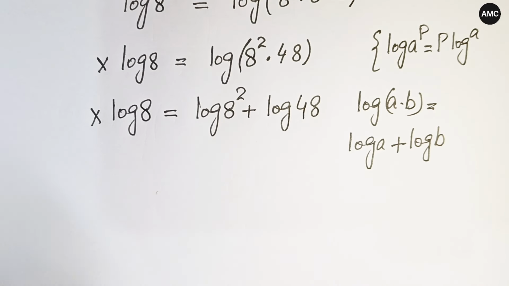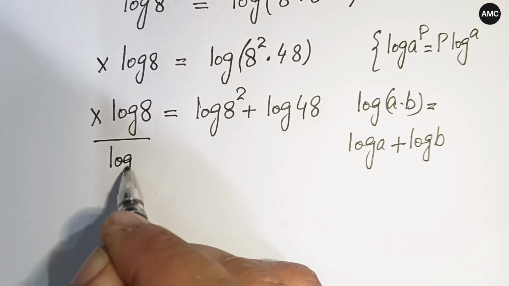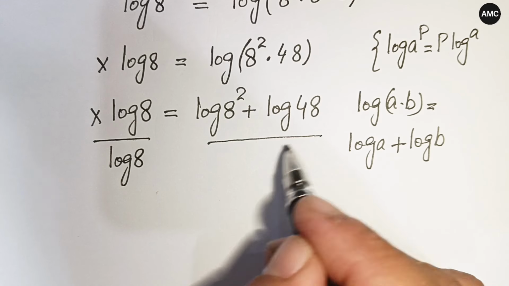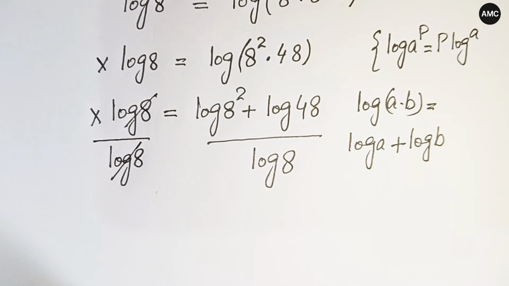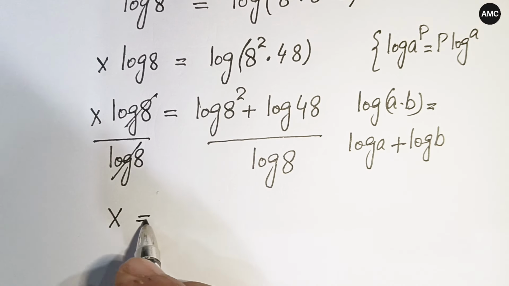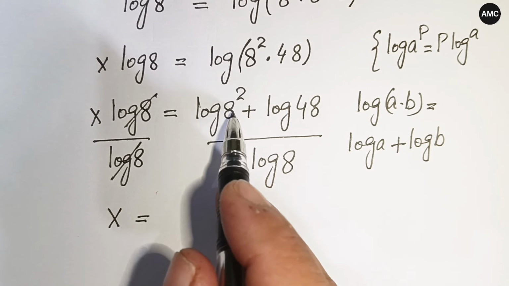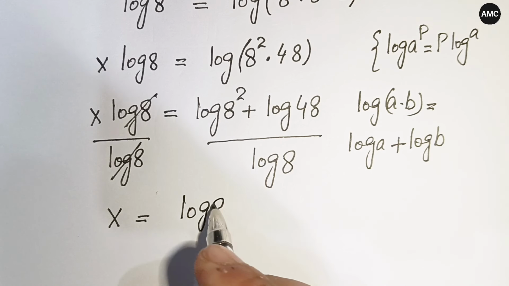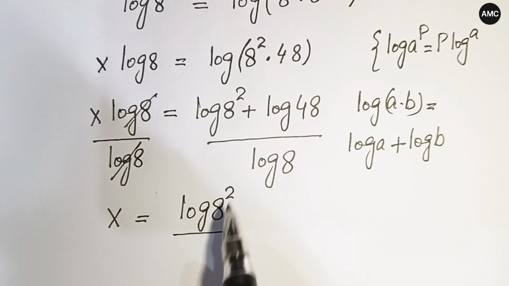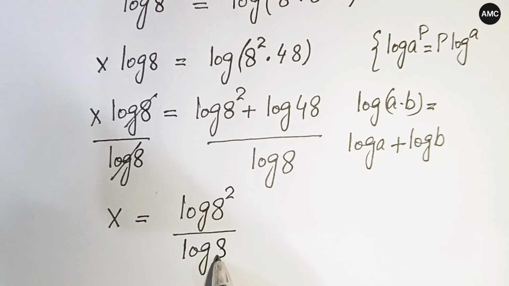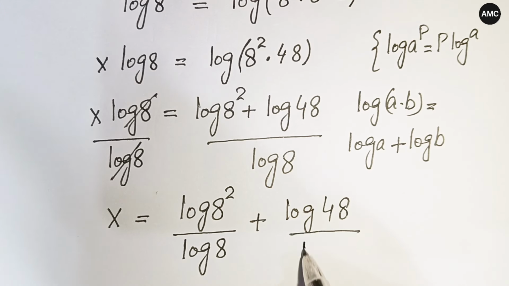Now if we divide by log 8 on both hand sides, the log 8 on the left hand side cancels out and we get x, which is equal to log 8 squared over log 8 plus log 48 over log 8.